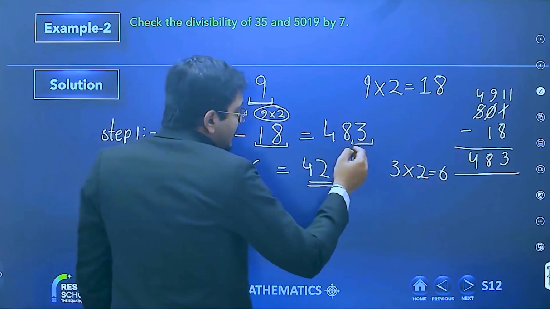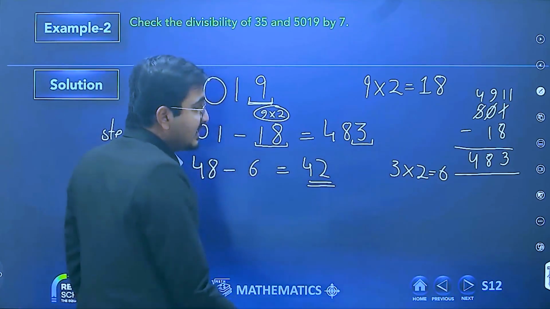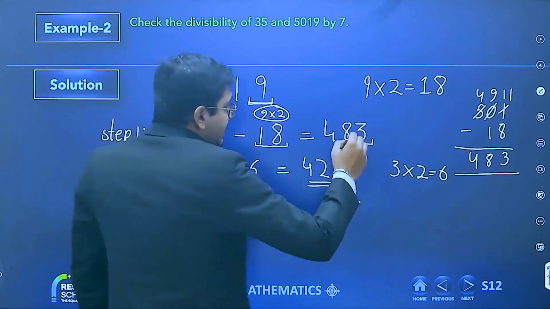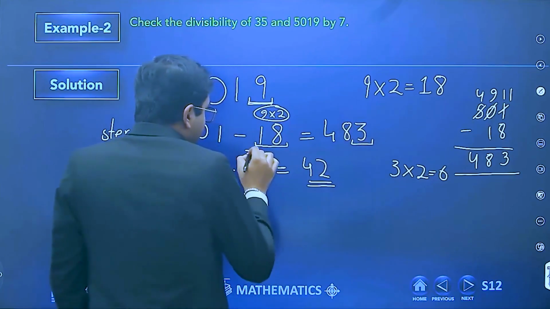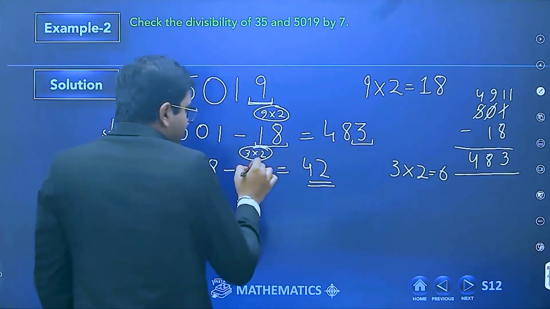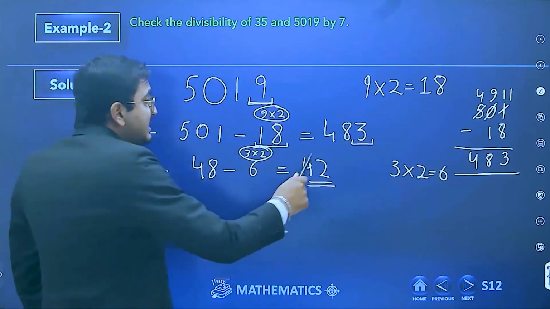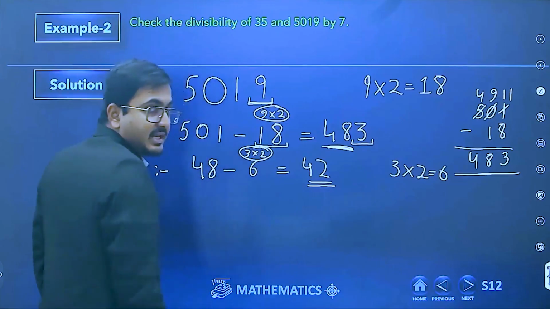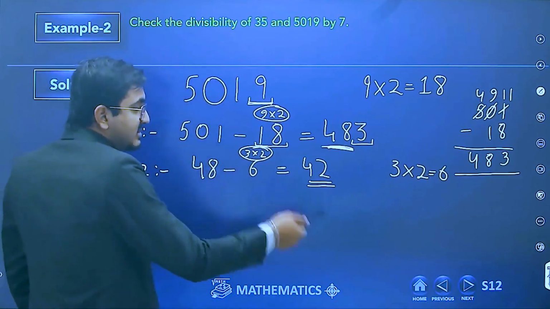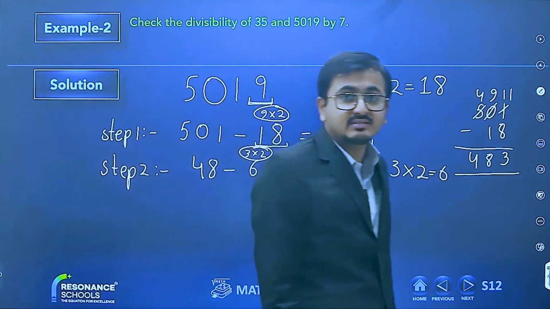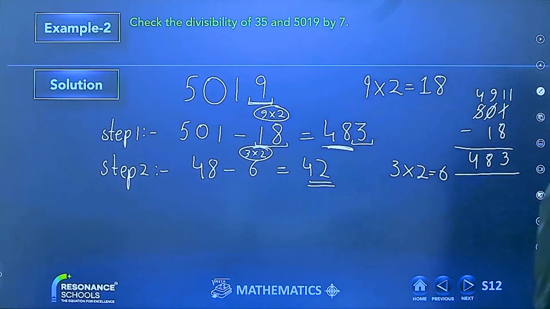Again, as I don't know whether 483 is divisible by 7, I repeated my step with 3. This is 3 into 2, which is 6. The remaining digits are 48. So 48 minus 6 is 42. That is divisible by 7. Clear? Done, everyone? Yes, Suraj. What is the doubt?